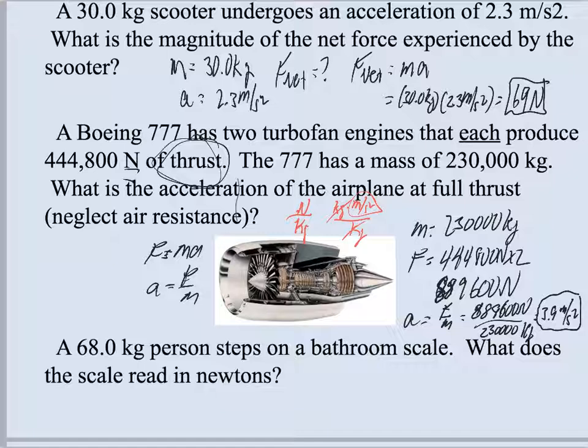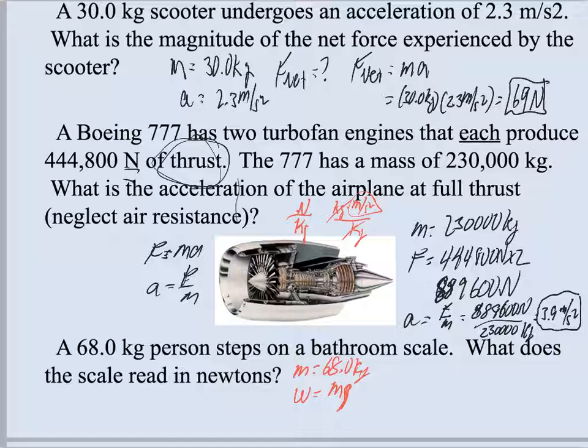The last one on this slide, a 68 kilogram person, so that's the mass, steps on a bathroom scale. What does the scale read in newtons? So they're asking us for weight, and we know that weight is m times g. Well, we know m already, and of course we know g as well. We've been using g since we started the school year.